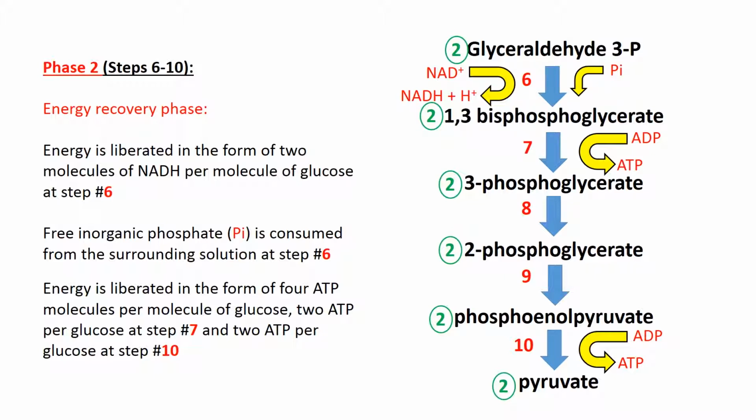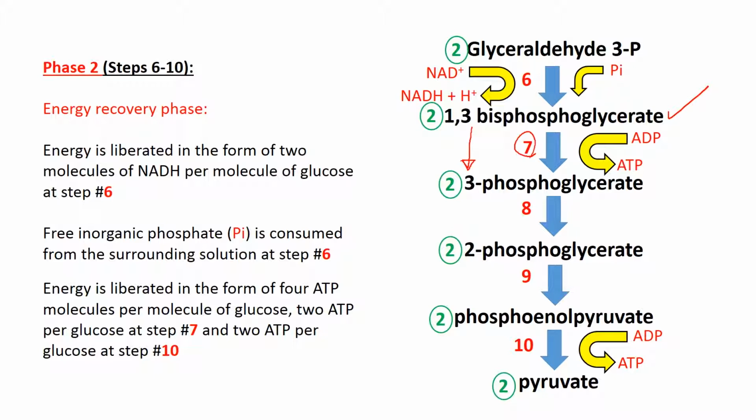So, moving on, in step 7 of glycolysis, the 1,3-bisphosphoglycerate, this one here, loses one of the phosphate atoms and becomes 3-phosphoglycerate, abbreviated as 3-PGA. So the 1,3 becomes 3. So it loses one phosphate.